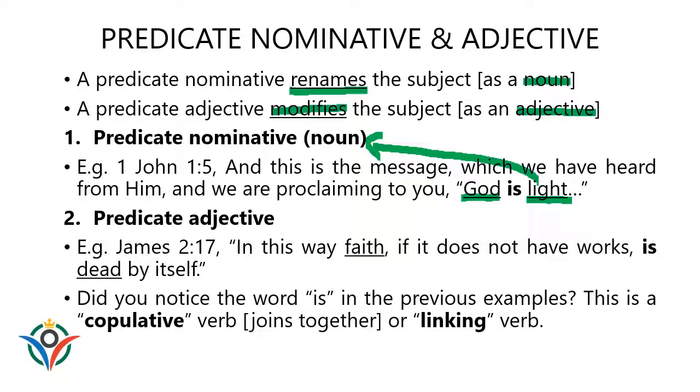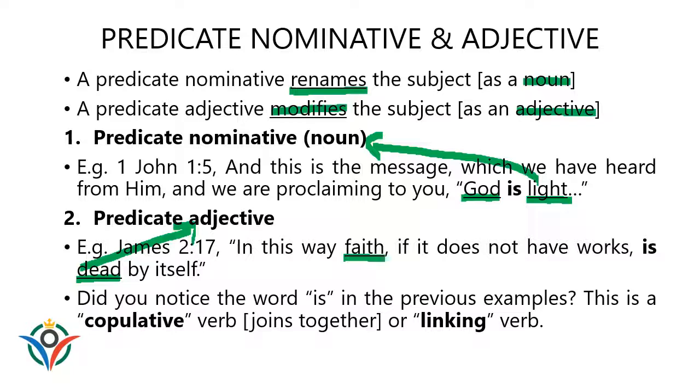And then the predicate adjective, the example comes from James 2 verse 17, where James says, "In this way, faith, if it does not have works, is dead by itself." So here the subject is faith and the predicate adjective is dead. Why? Because dead is an adjective that is modifying the subject faith.